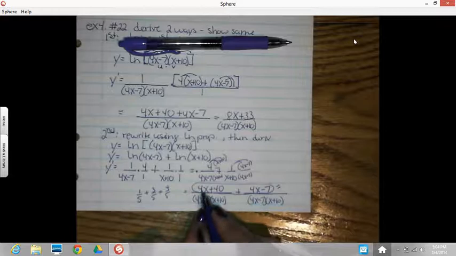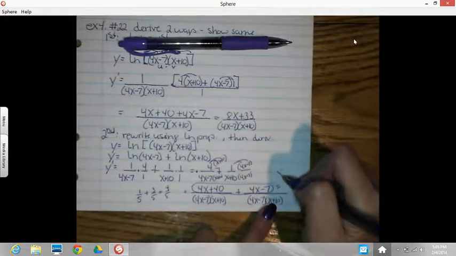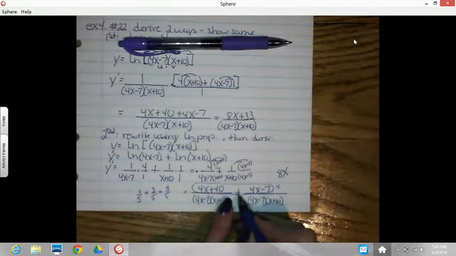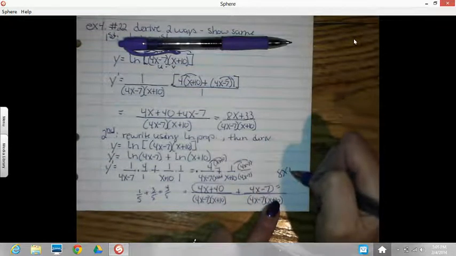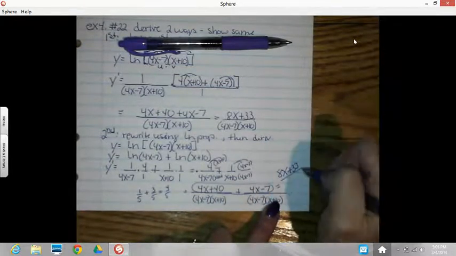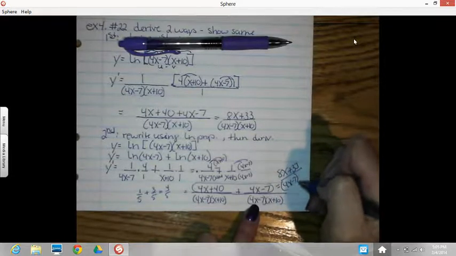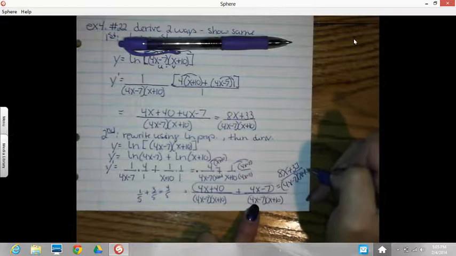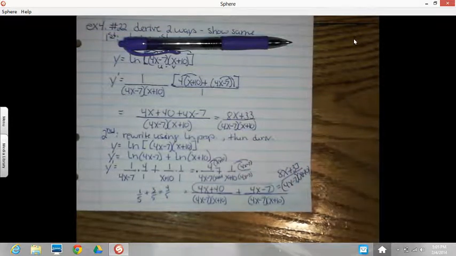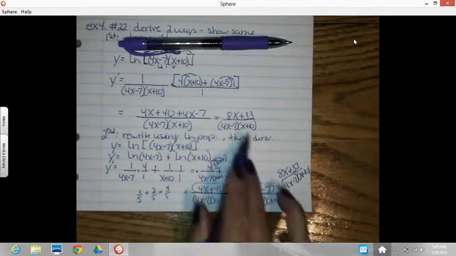So 4x plus 4x gives me an 8x. A 40 plus a negative 7 is a 33. All over that common denominator, 4x minus 7 times x plus 10. Okay, so they did come out the same.